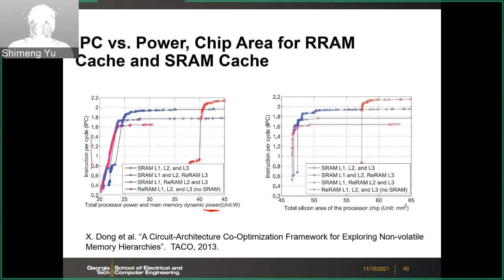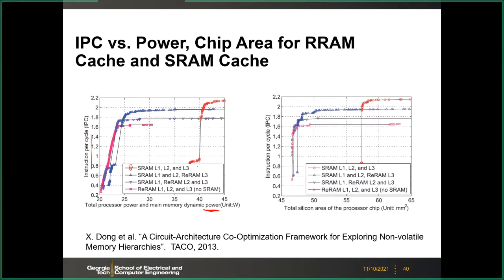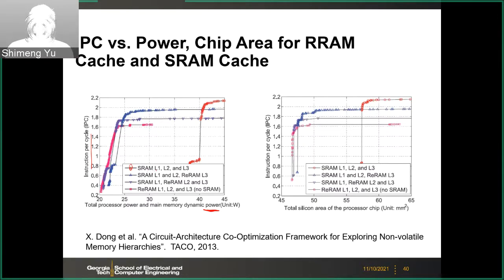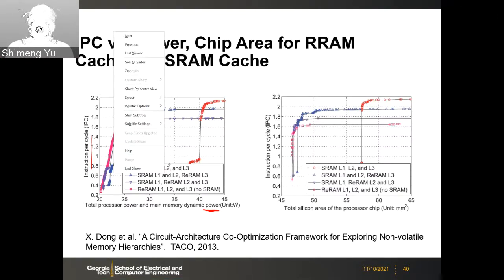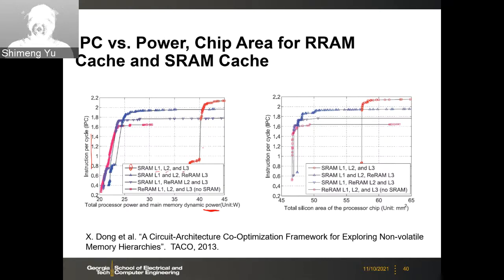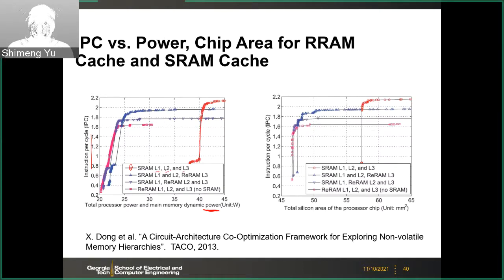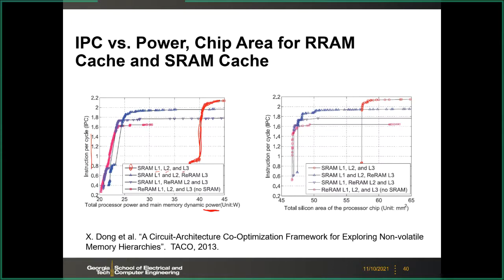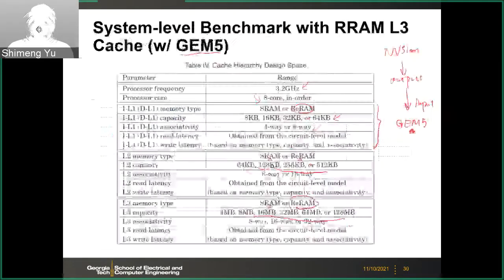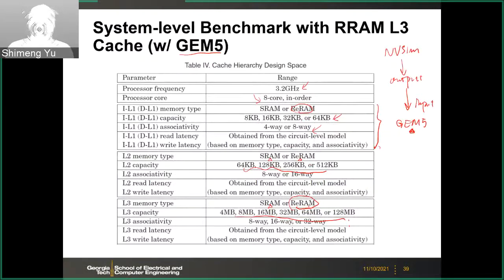So here you see several design options. The first one is the baseline. You use SRAM for L1, L2, L3. Of course, for SRAM, you can vary those parameters, so still you have a range of the IPC. Because for the SRAM, you can still vary the kilobytes or megabytes for different levels of the cache.